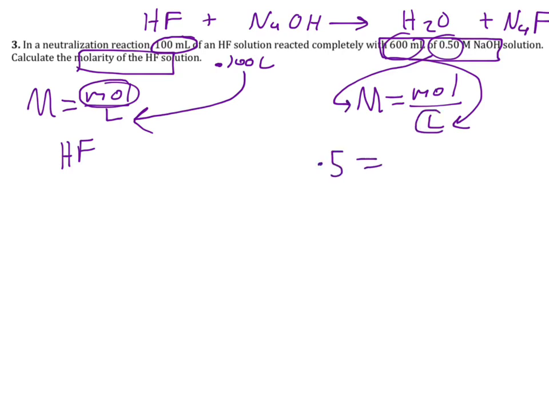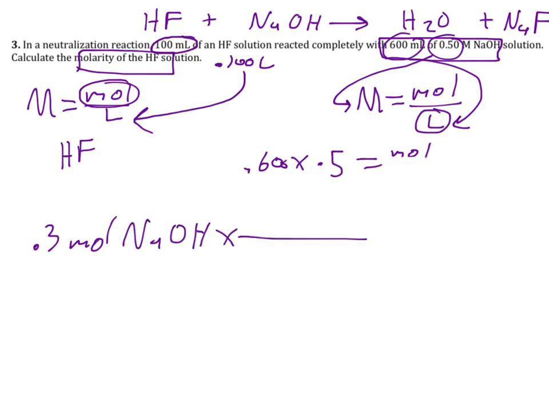Now remember, this is liters, so you have to convert the 600 milliliters to liters, so that's 0.600, and then we rearrange this, and you end up multiplying these. And what you end up with is 0.3 moles of sodium hydroxide.